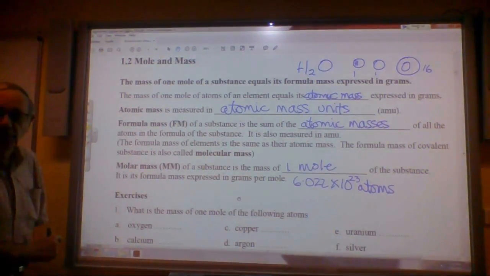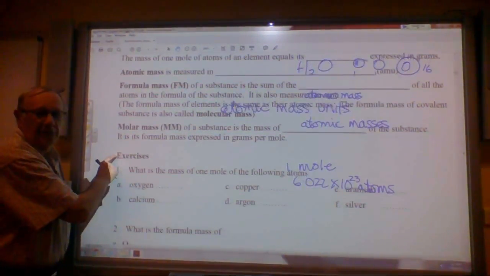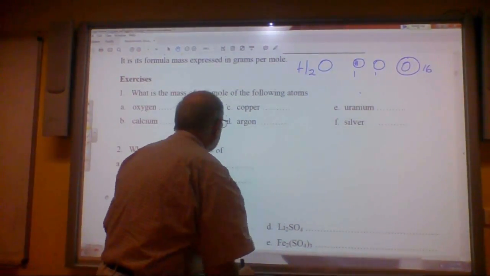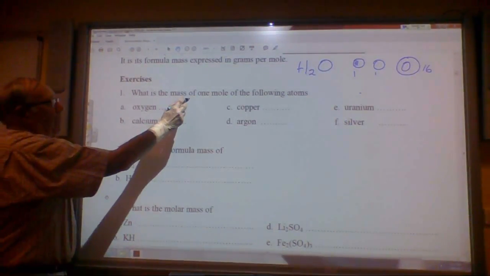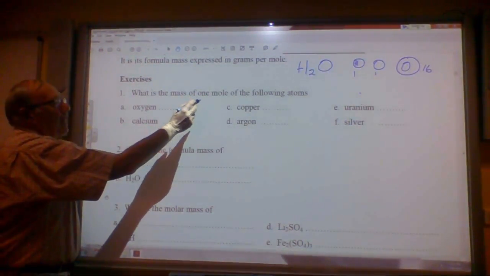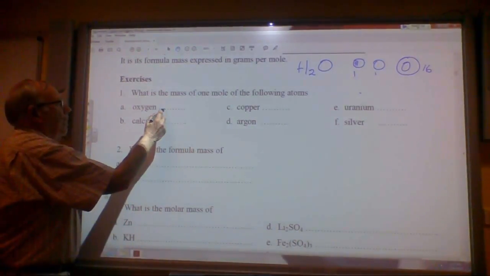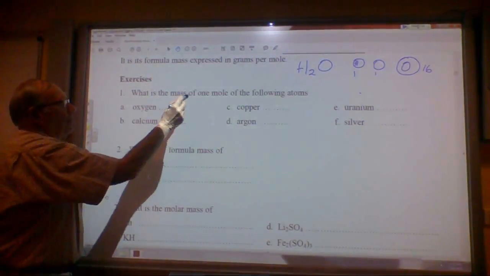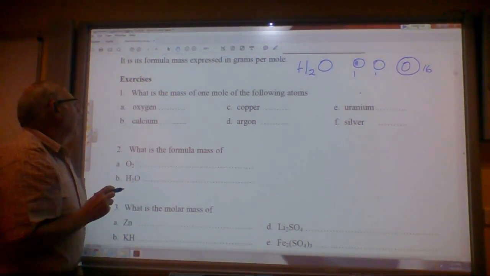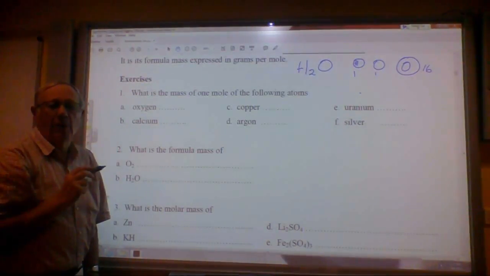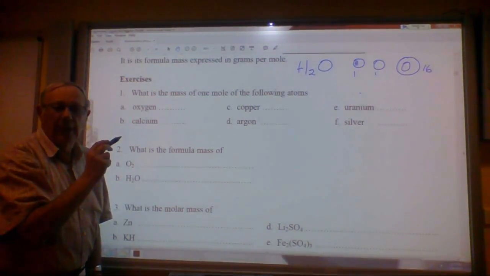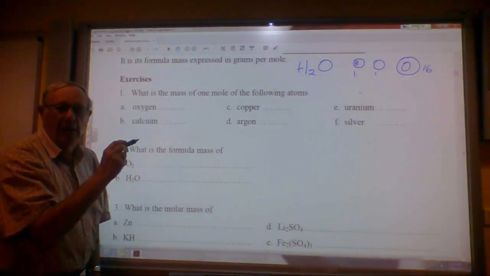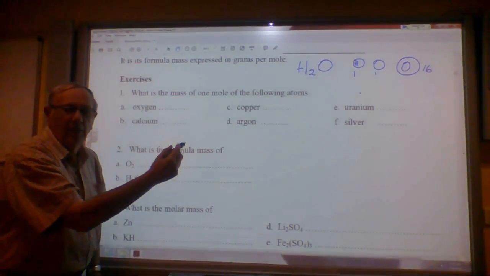So let's have a look then at the exercises. This first one. What is the mass of 1 mole of the following atoms? What I've got to do now to get the mass of 1 mole of oxygen is to go to the periodic table, find its atomic mass in atomic mass units, and then express that in grams.